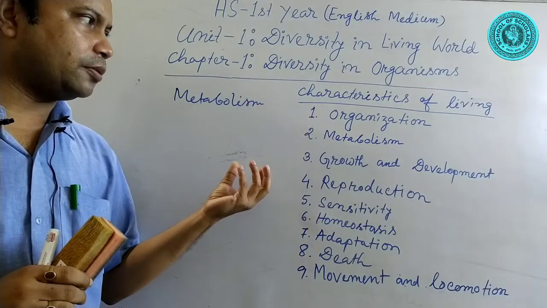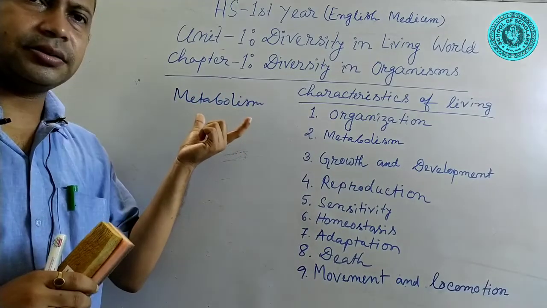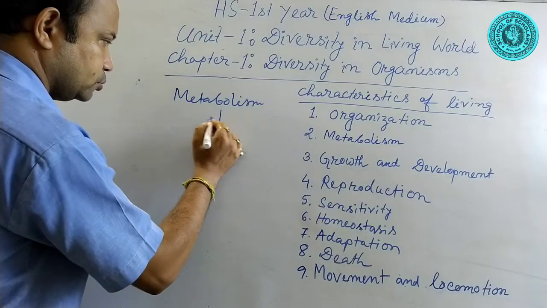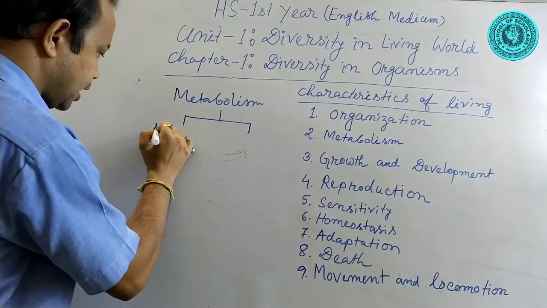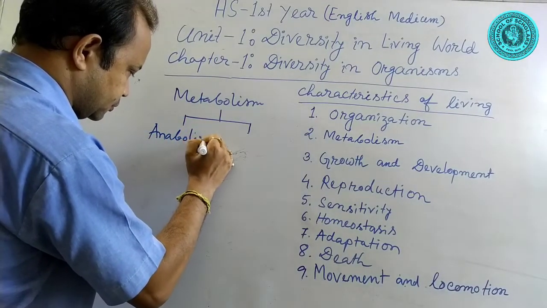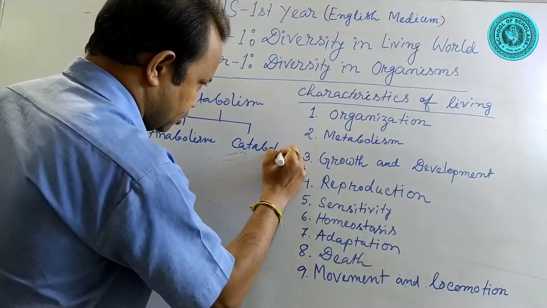All these are examples of metabolism, and this process is divisible into another two levels: anabolism and catabolism.